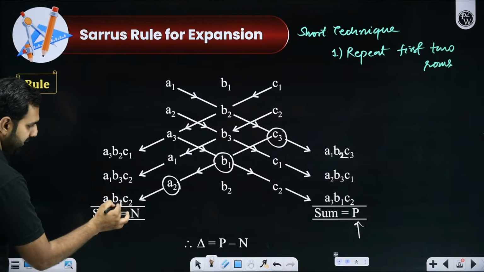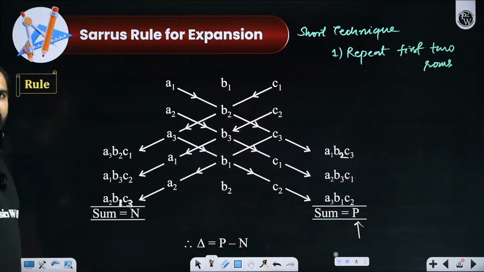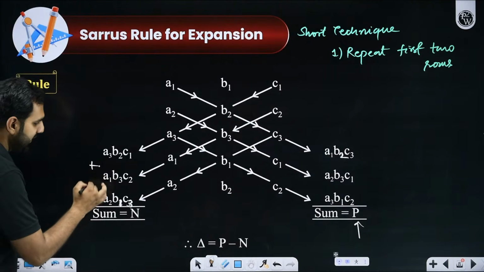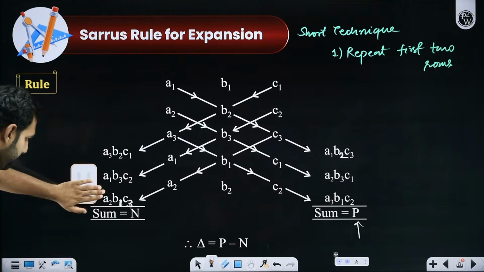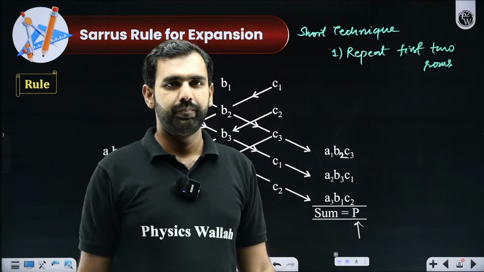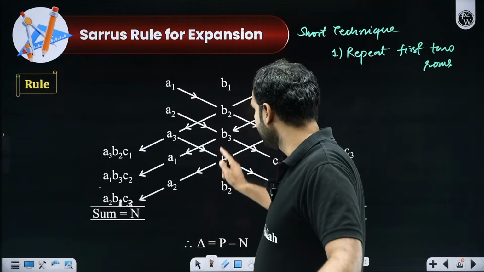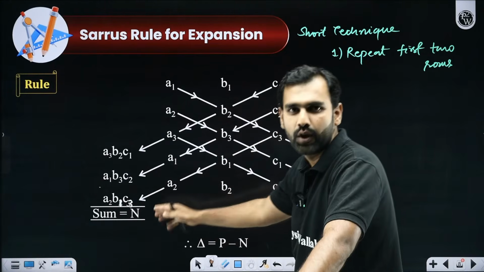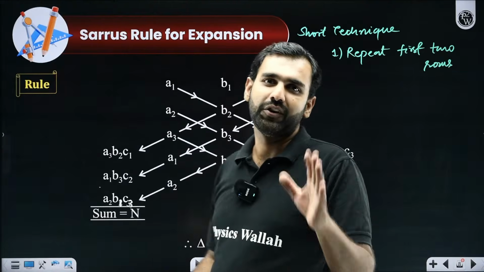And again, I will add these three products which I've gotten, and that sum of these products I'll call as N. Now the beauty of this method is very simple: you simply subtract this N from P, and that will give you the value of the determinant.